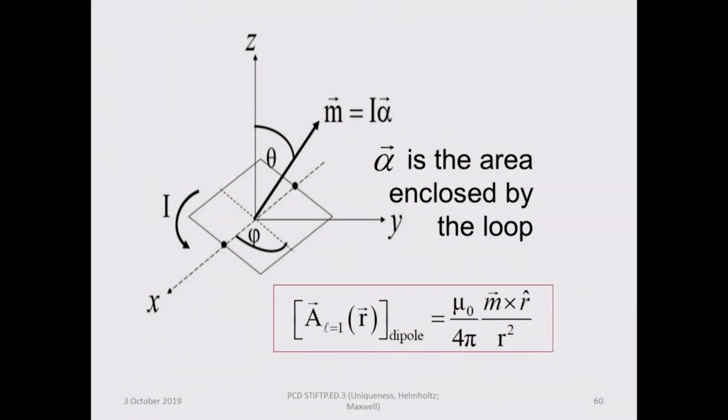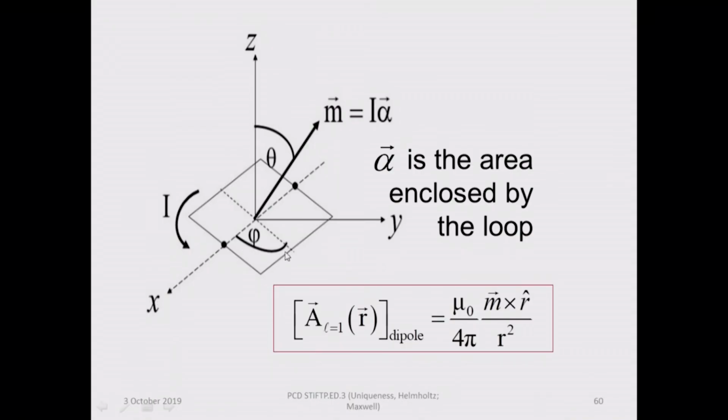So, if you take a small area and have a current in this conductor which surrounds this area, so there is nothing in that area, the only thing that you have got is the current which is going around this area, then it has got a magnetic moment which is current times this area, and this area is the cross product of two vectors, which is an axial vector. So, the magnetic moment is also an axial vector, okay.